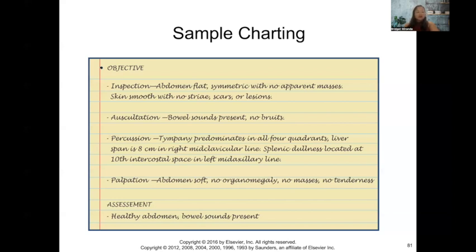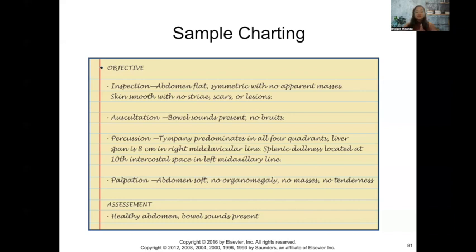And then lastly, palpation. You don't have to say light or deep, but just say when you palpated. Generally, in a normal finding, the abdomen is soft. There's no organomegaly, so no enlarged organs, no masses, and no tenderness.